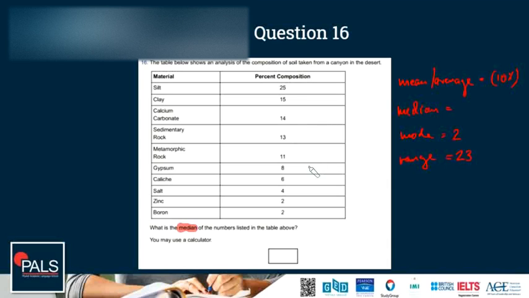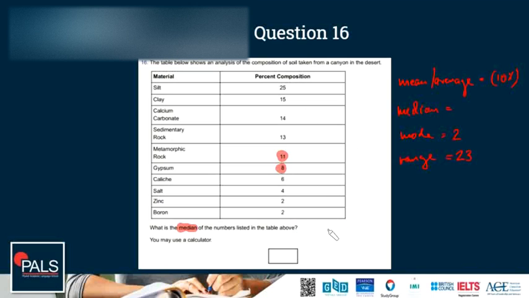Now that's a problem. If we have an even number, there is no direct middle. We have 5 values, 1, 2, 3, 4, 5. We're ending up at 8, and then we have 5 numbers again. That means the middle is somewhere between 8 and 11. And if we have an even number of values and we have to find the median, then we take these two numbers in the middle and we do the same as we do for the mean.